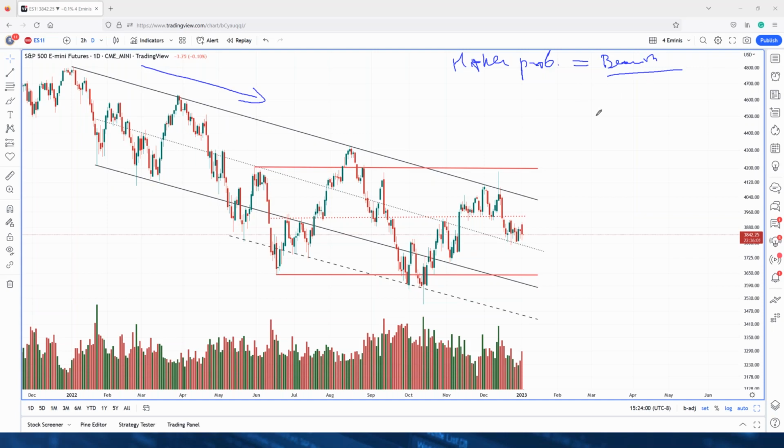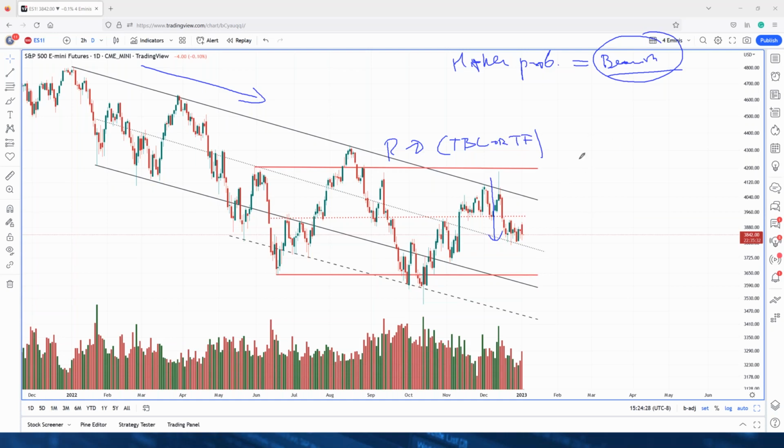So therefore, we would be thinking about any type of possible continuation. We would be thinking that this is a potential redistribution. This move to the downside was still pretty sufficient, and we are definitely confirming this, at least for now, with redistribution to be confirmed or to fail.